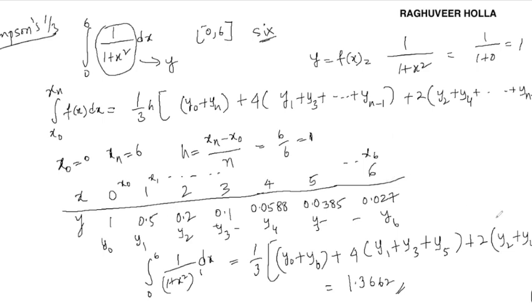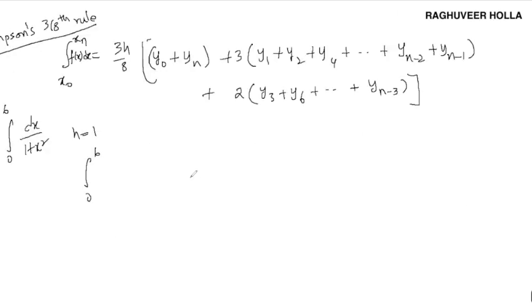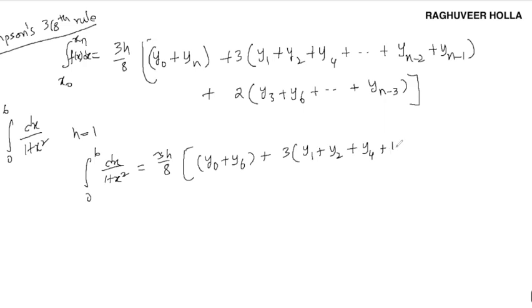So let us write down the formula. 3h by 8, y naught plus y6, plus 3 times y1, y2, y4, y5, plus 2 times y3.